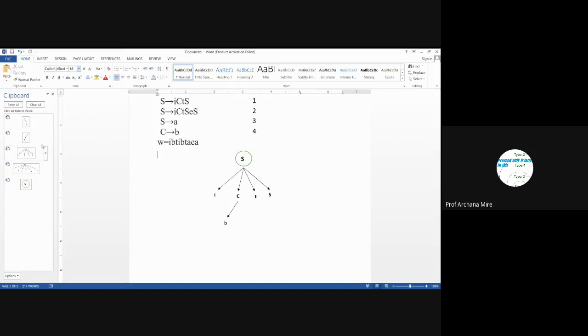So let's apply production rule number 2 here, which is applied on this non-terminal S, that is ICTSES. Once again, this C leads to B. I am applying production rule number 4. Once again, S leads to A, that is production rule number 3 I am applying here.